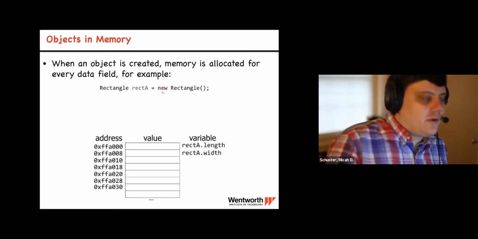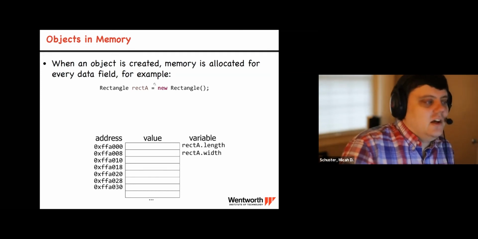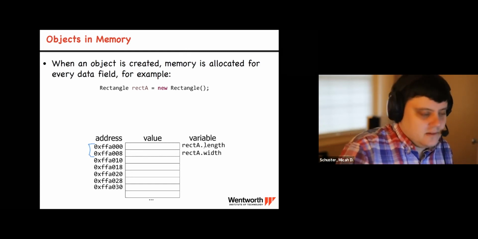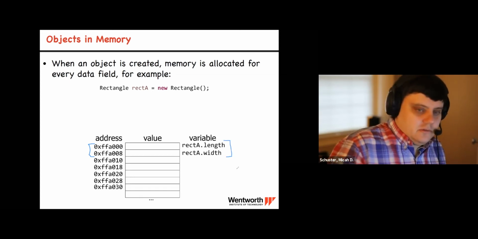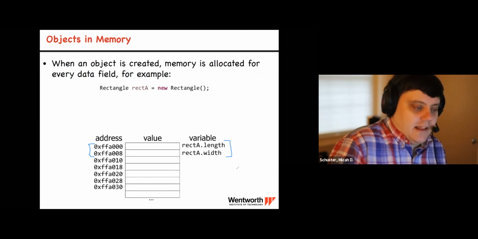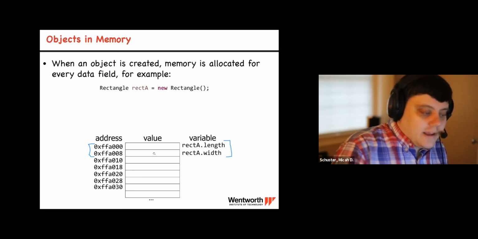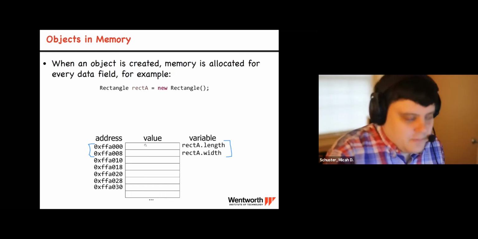So whenever we create a rectangle, if I say Rectangle A equals new Rectangle, in memory at some random address, I get space for 2 doubles, because I have a length and a width, or height and a width in our code. We'll get a default value in here. Depends on the type. So for a double, it should be 0.